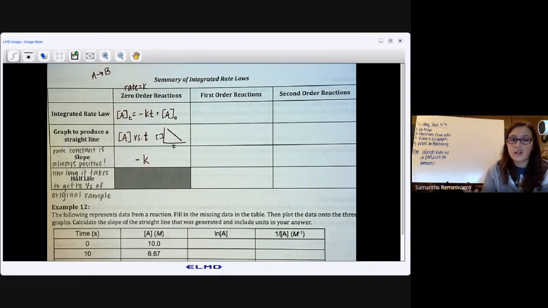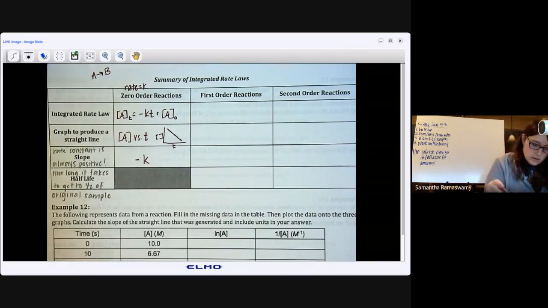So half-life is how long it takes to get to half of the original sample. The shorter the half-life, the faster the reaction. So if I can eat half of a bag of gummy bears in 5 minutes, that's a fast reaction. And then I eat half of those in another 5 minutes. That's the half-life. The shorter the half-life, the faster the reaction.